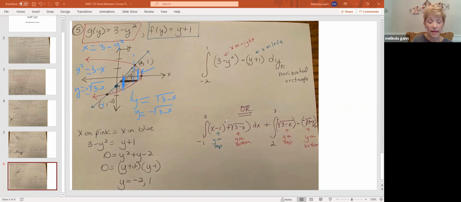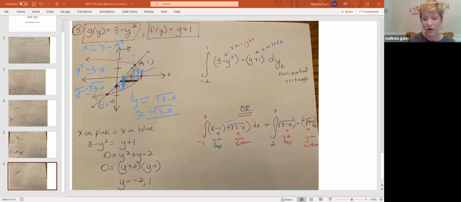And then it's going to be minus. Now where did I get this plus? Well, remember this y on the bottom was this one. So I've got minus a negative, and minus a negative is plus a positive.